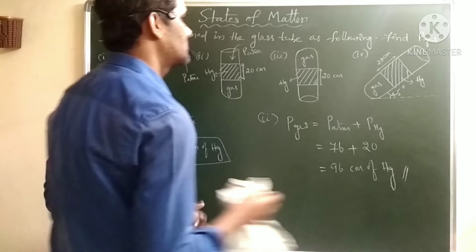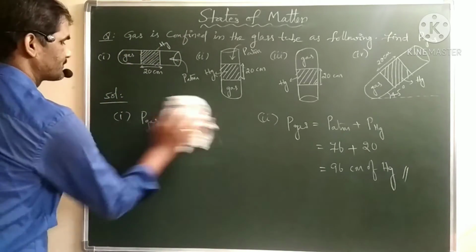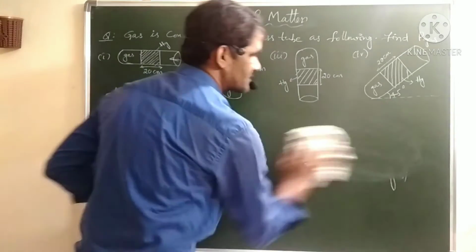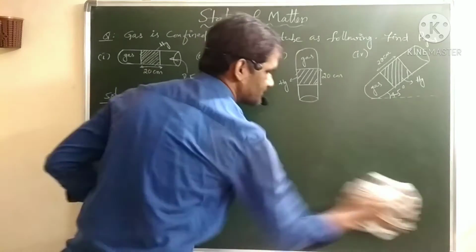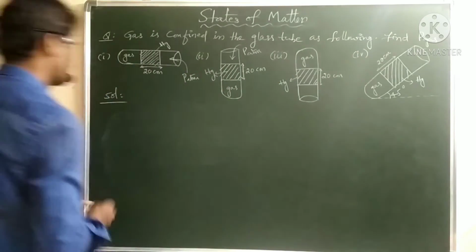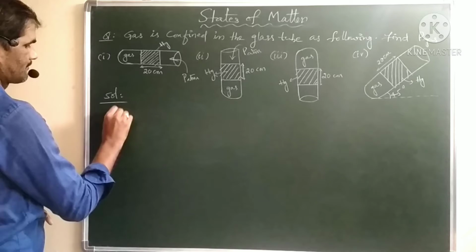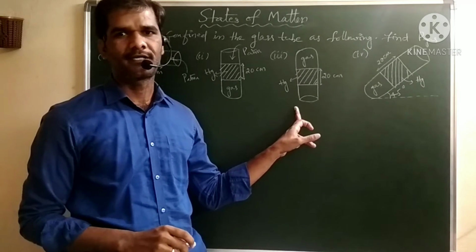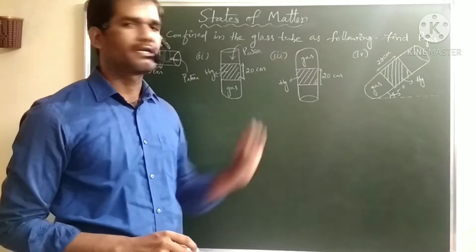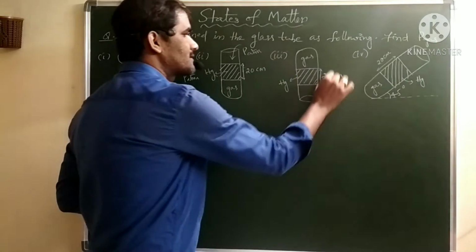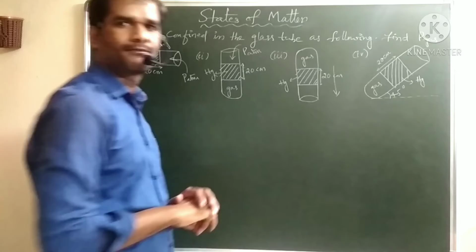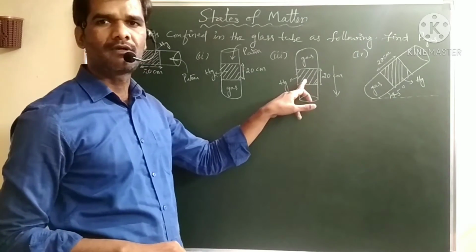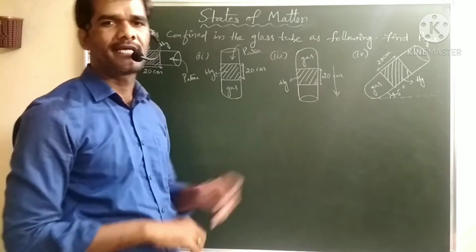Next, the third and fourth cases. In the third case, the glass tube is inverted. Here the mercury exerts its pressure downward, so the mercury will not exert any pressure over the gas.